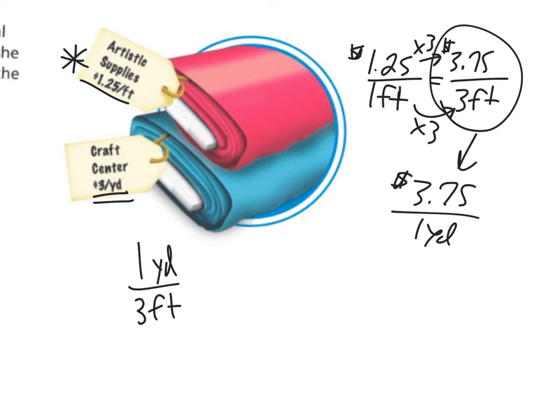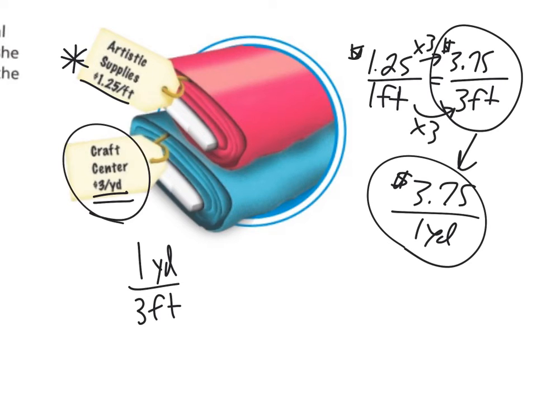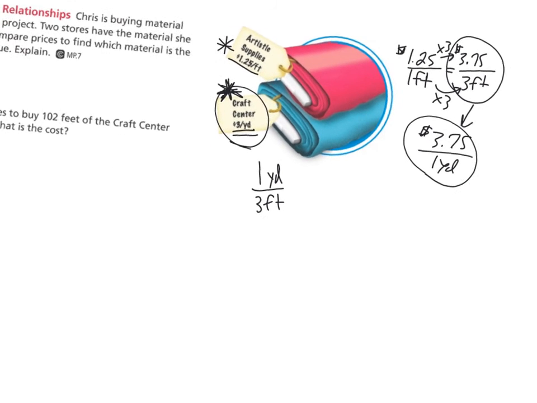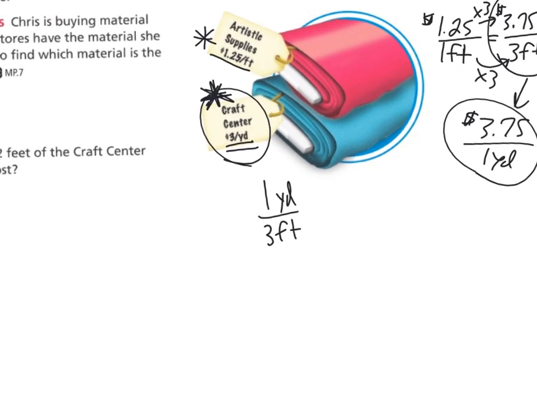So artistic supplies is $3.75 per yard. The craft center is $3 per yard. So to answer their question, the better value would be the craft center for $3 a yard. And like I said, on this problem, the numbers are pretty nice.